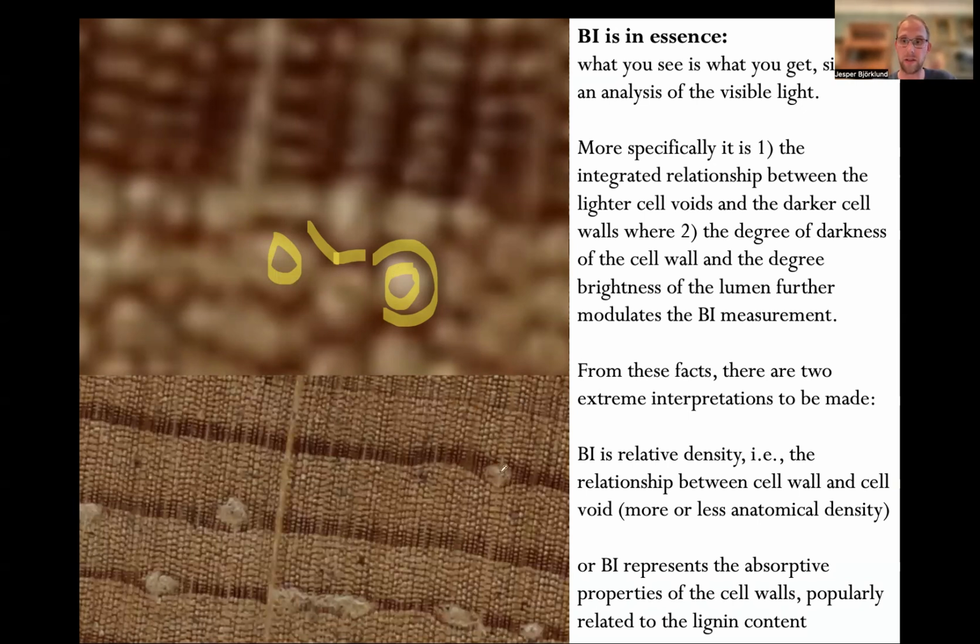And the other one is that BI actually represents the color of the cell walls only, which is popularly related to the lignin content in the wood.